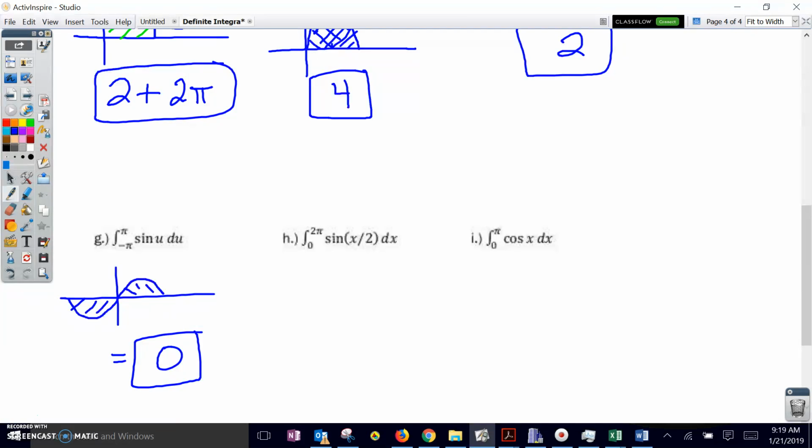And from 0 to 2 pi of sine of x over 2, okay, so that is just taking this and spreading it out.